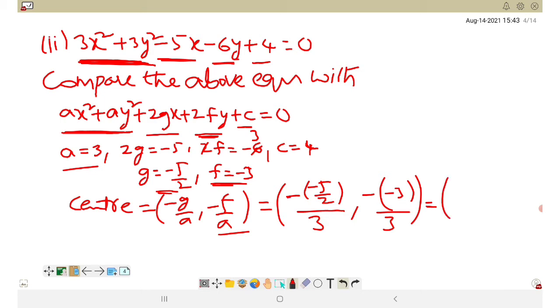So minus into minus plus 5 by 2, 3 is 6, 3 1s are 3, minus into minus 1 is plus 1. Now the center of the given circle is 5 by 6 comma 1. Next, find the radius.